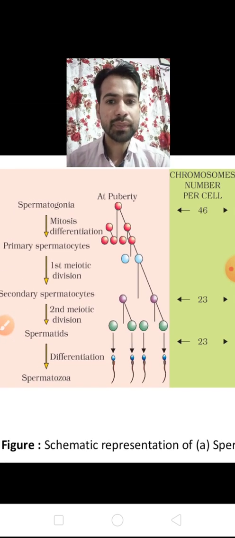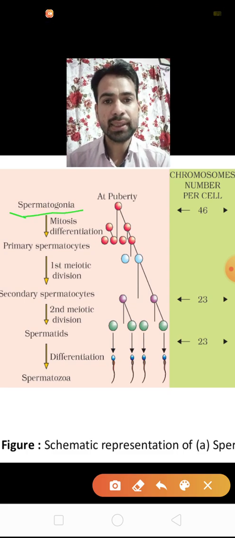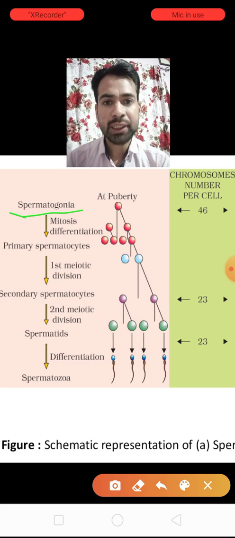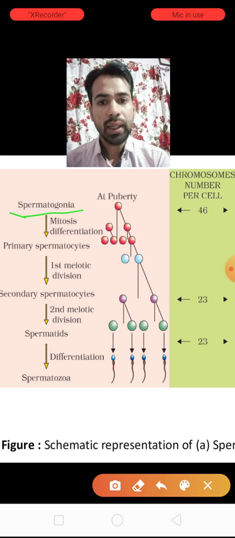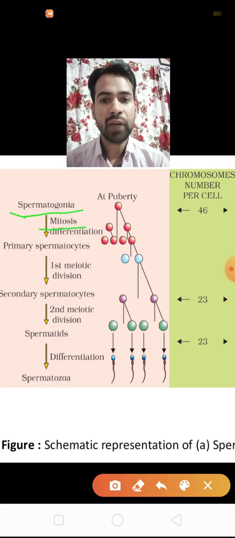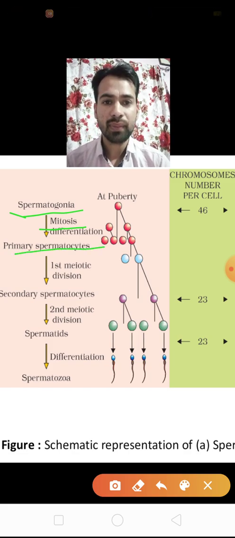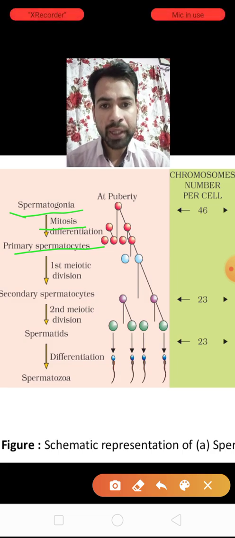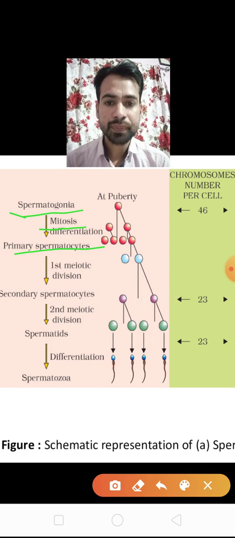You can see here the first one, that is spermatogonia. It is a male germ cell of the seminiferous tubule in the testes. It undergoes a division, that is mitosis, and forms the primary spermatocytes. These primary spermatocytes are diploid and contain 46 chromosomes.